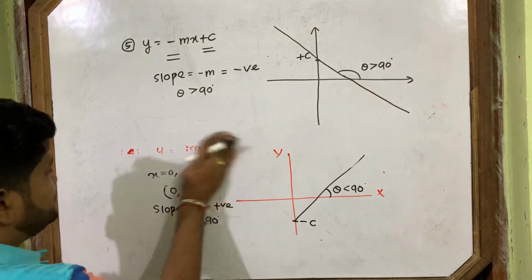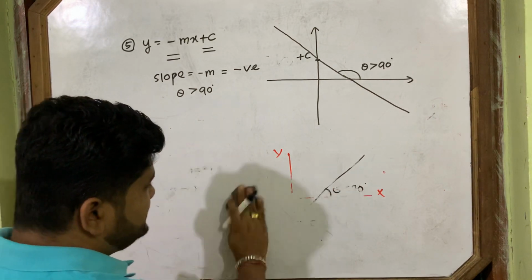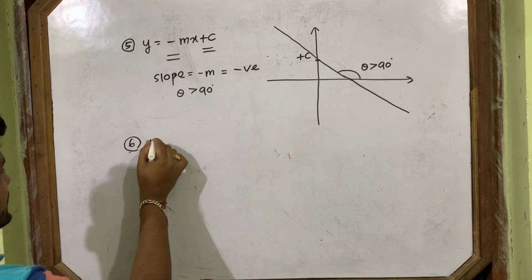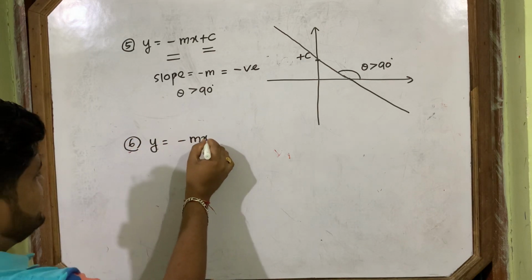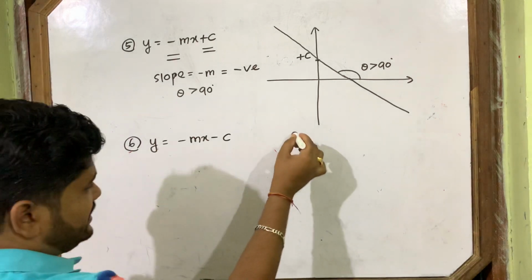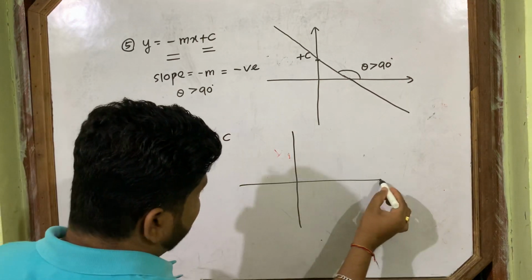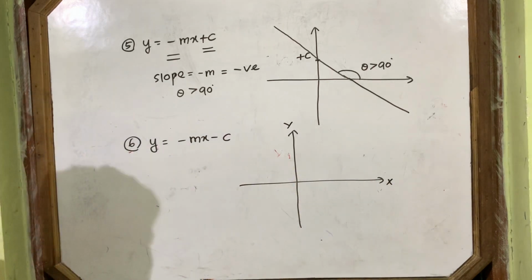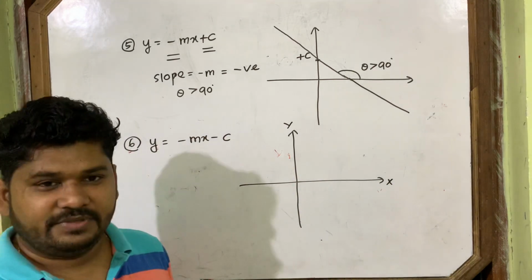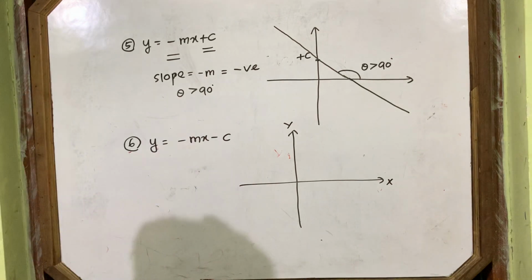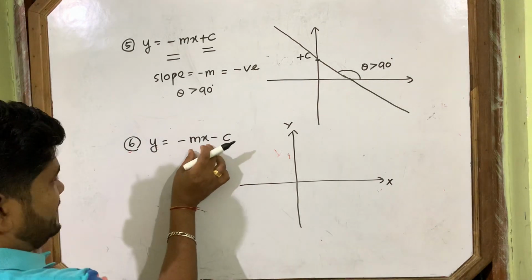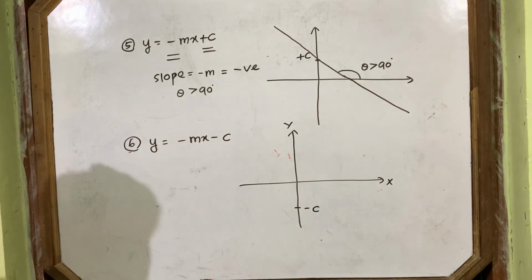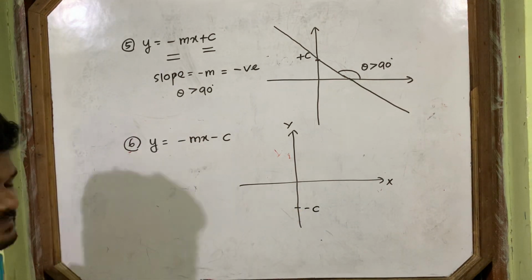Now we come to type number 6. Y equal to minus mx minus c. How will the graph be? I think you have the idea to draw this graph. Minus slope, y-intercept minus c. And slope is negative.